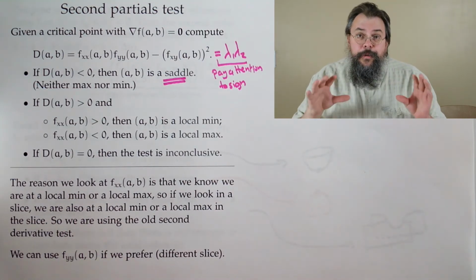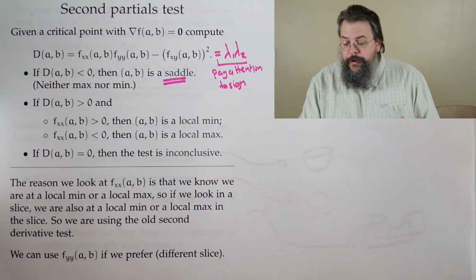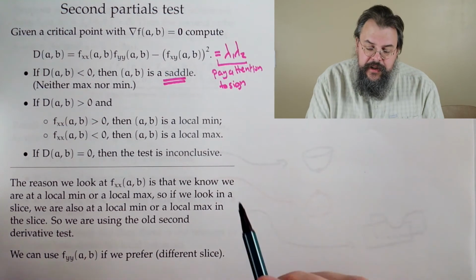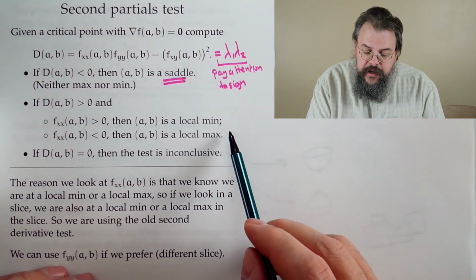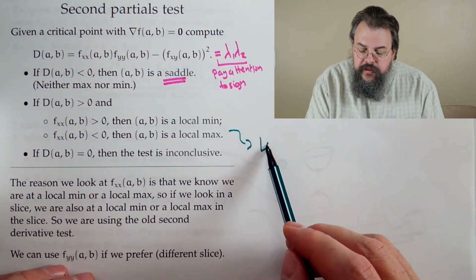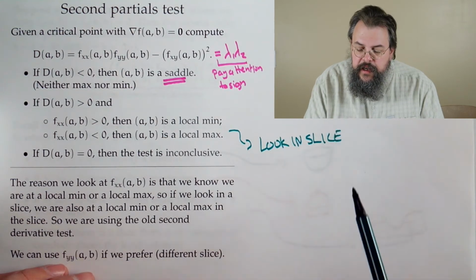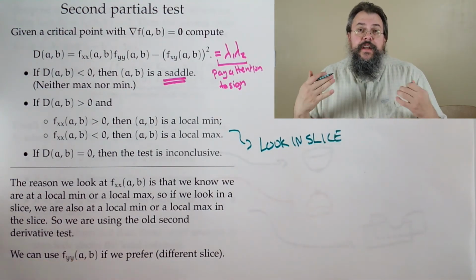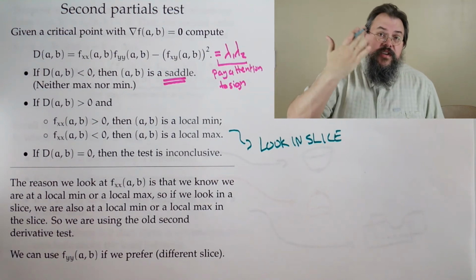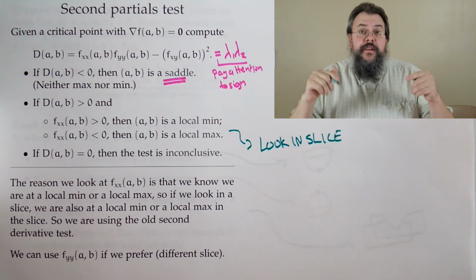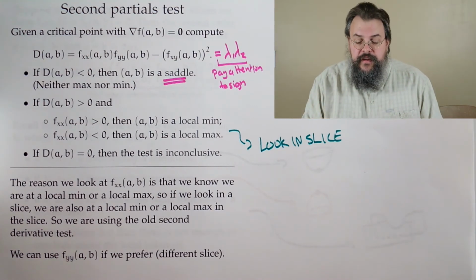Now, what's going on there? Well, the idea is actually really beautiful and simple. And it boils down to saying, look in the slice. So what do we mean by that? We say, okay, if I'm at a point which is either a min or a max, if I slice, then I'm still going to be at a point where in the slice I'm at a min or a max.